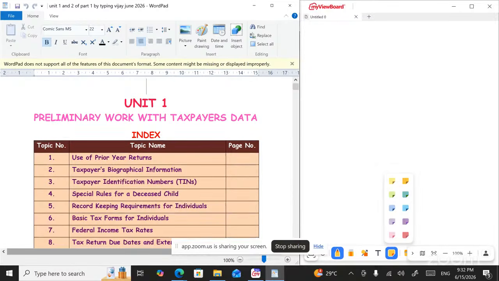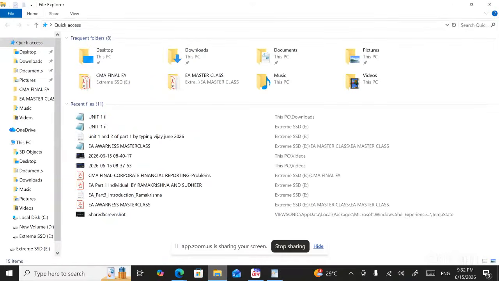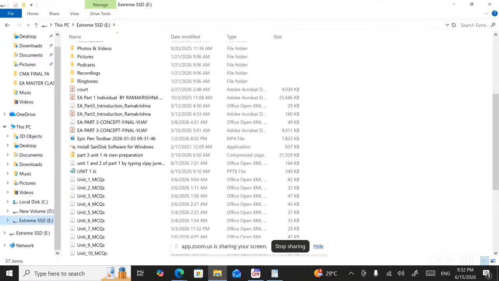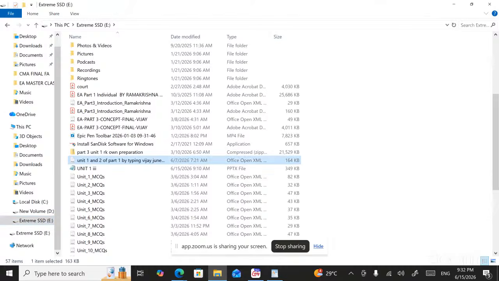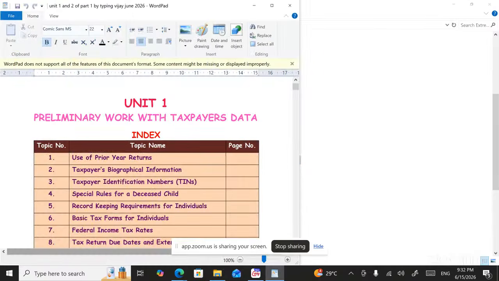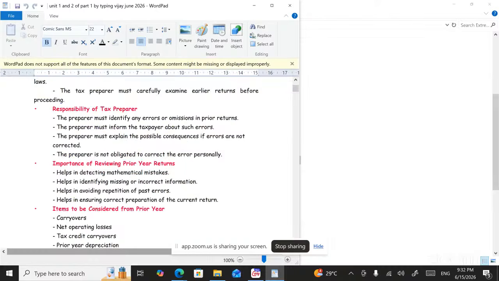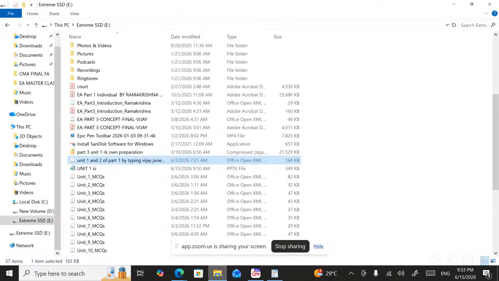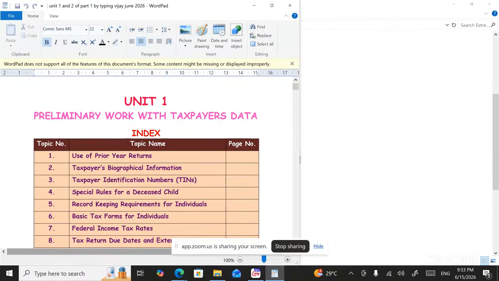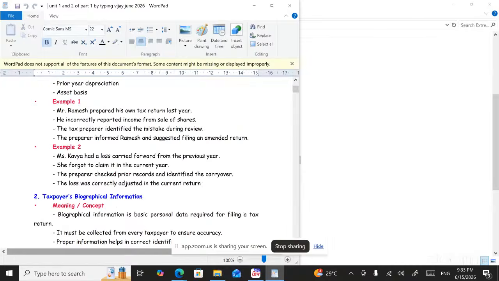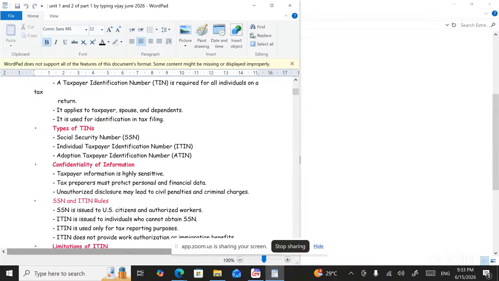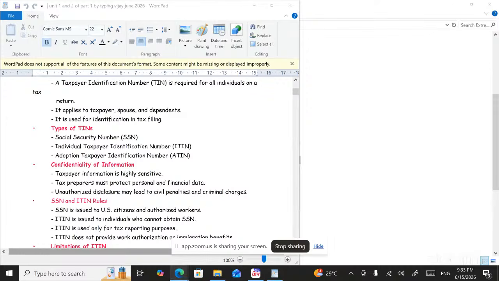I want to open one more. Net to download. 1040 form.